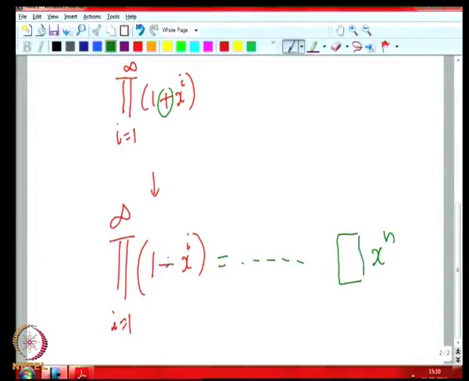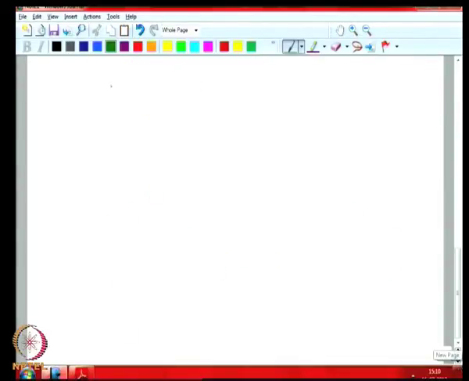What is contributing to x raised to n is the partitions of n where all parts are unequal, because from the first factor, 1 minus x raised to 1, it will either take an x or it won't take an x, but with a negative sign this time, and from 1 minus x raised to 2, we will either not take any 2 or it will take a 2 with minus 1 always. So it will either take or not.